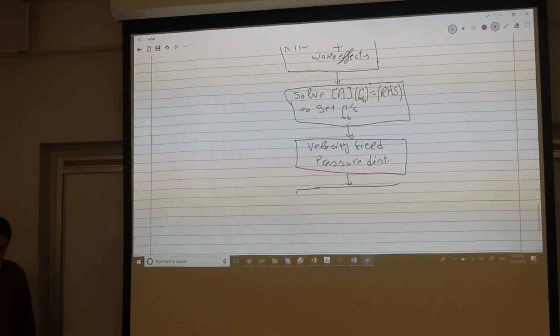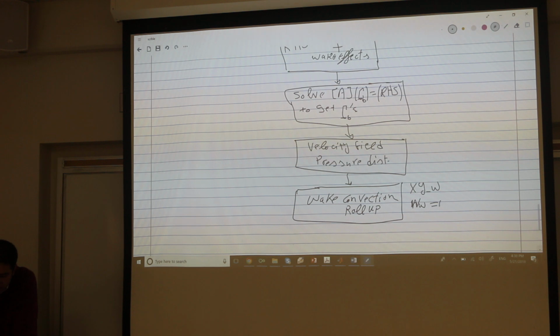And then don't forget to convect your wake. This is very important. So wake convection. Some people call it wake roll up. So here we update xy wake, right? We increase the number of wake by 1, right?